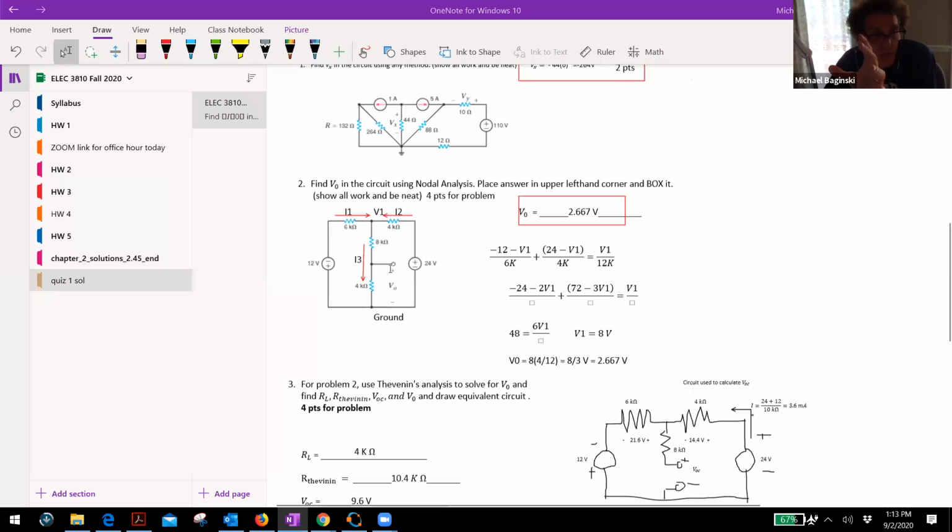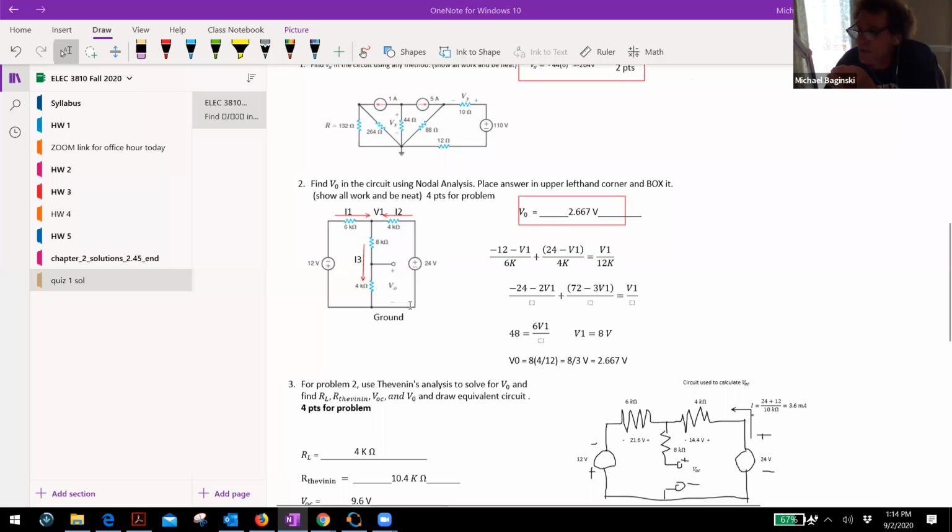No current can flow through the 8K where I have I3. Now, when that's removed, the next thing you're going to do is get the Thevenin equivalent resistance. You don't have to do it in this order, but I'm just saying I'm going to, okay? All right, what would the Thevenin resistance be? For sure you have 8K, right? Now, when the sources are turned off, they become shorts, so both the other side of the 6K and 4K go to ground, and they would be in parallel.